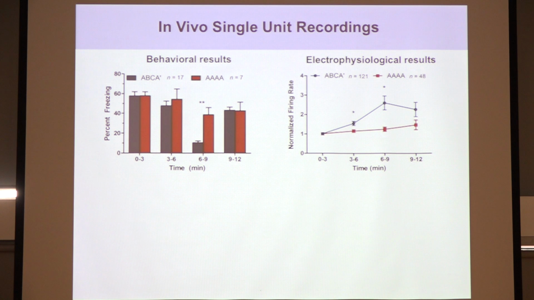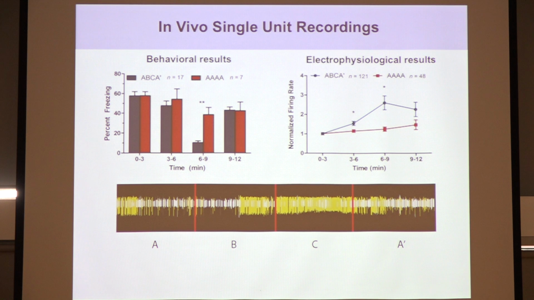But for the experimental group, we observed that when we expose them in the B context where they generalize, there is a small increase in the firing rate. But more interestingly, when we expose them to the C context where they discriminate, there is a huge increase in the firing rate of those neurons. Okay, and somehow it comes back to baseline when re-exposed to the A context.